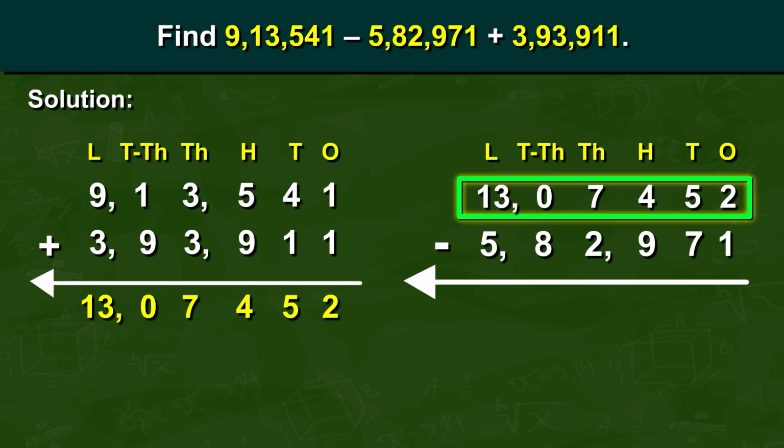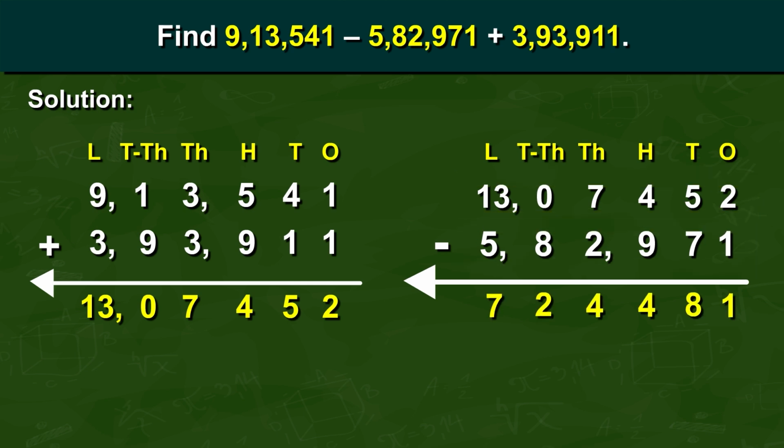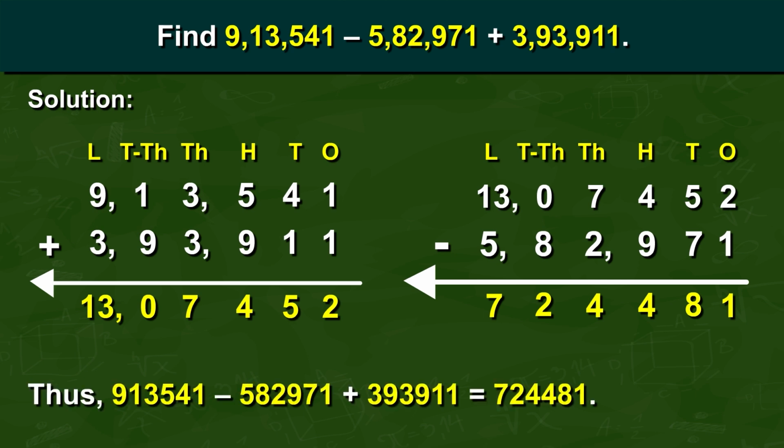Here, we have 13,07,452 minus 5,82,971 is equal to 7,24,481. Thus, 9,13,541 minus 5,82,971 plus 3,93,911 is equal to 7,24,481.